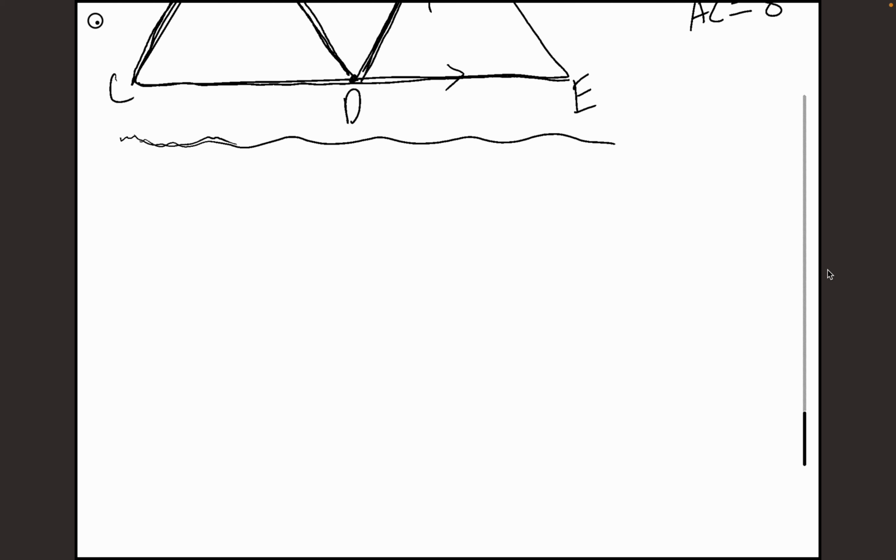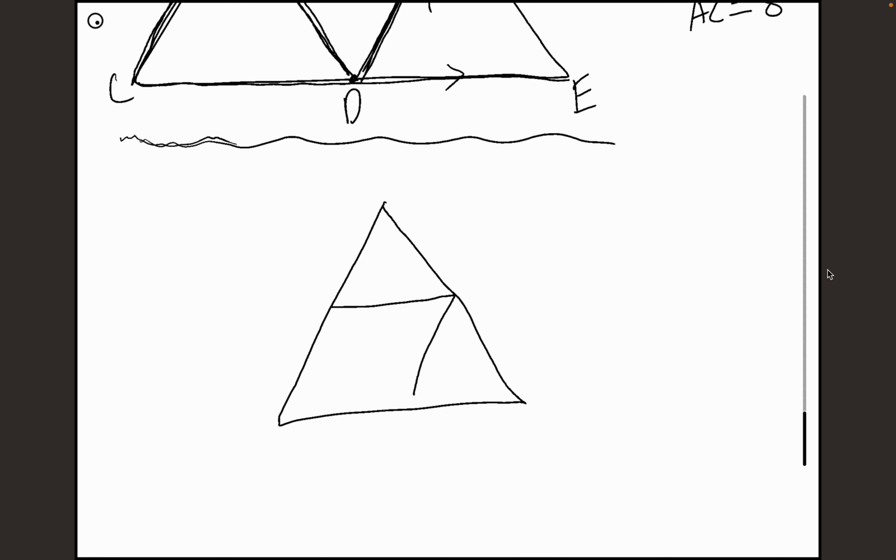Now, if I had this same triangle, and let's say this side was 3, this side was 2, this side was 4. What if I told you to find the perimeter of ABC, the whole triangle? Add them all together.